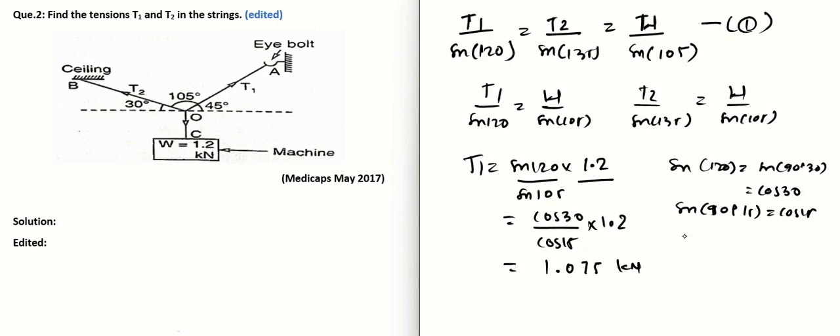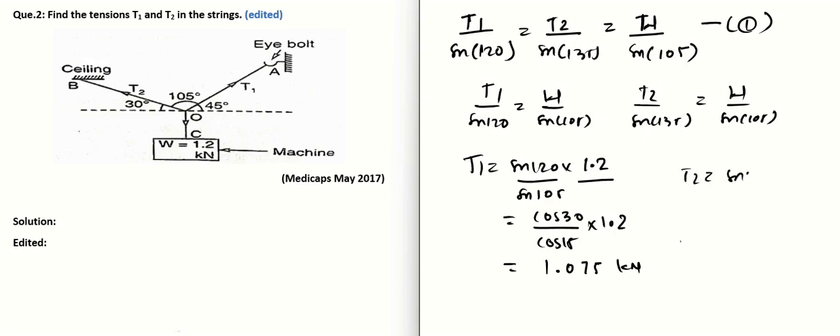Similarly, you can solve for T2. We have T2 as sine of 135 divided by sine of 105 into W. Sine of 135 can be rewritten as cos of 45, and sine of 105 can be rewritten as cos of 15, into W, which is 1.2 kilonewton.